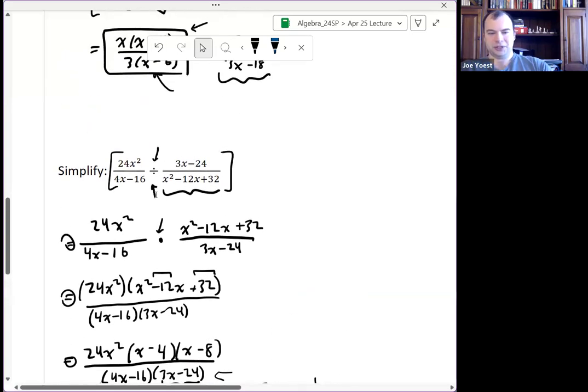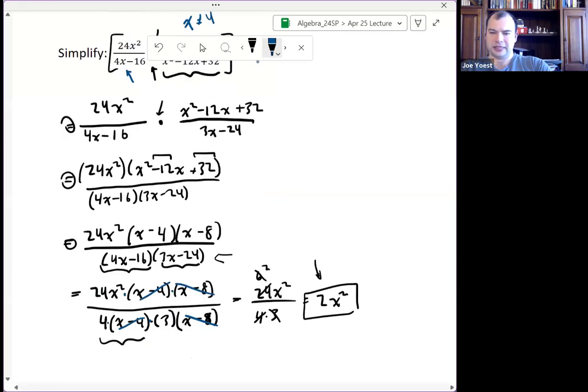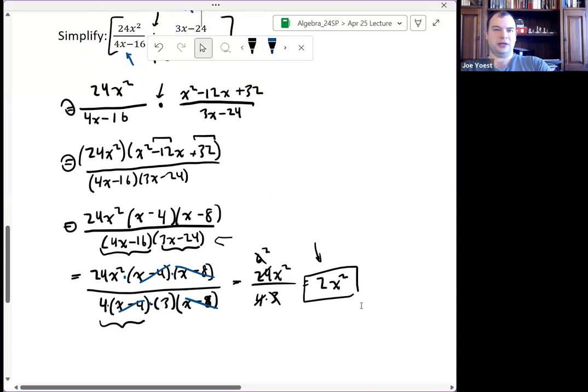But if I look at my original expression, can I plug in, say, x equals 4? Well, no, because that would give me some fraction with a 0 in the denominator divided by something else, but I can't divide by 0. So up here, I can't plug in, for instance, x equals 4, but down here it looks at a glance like I could.